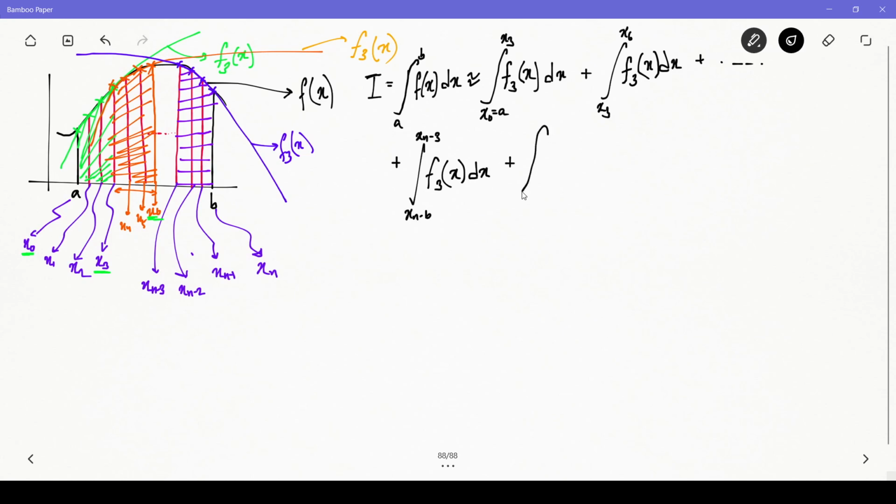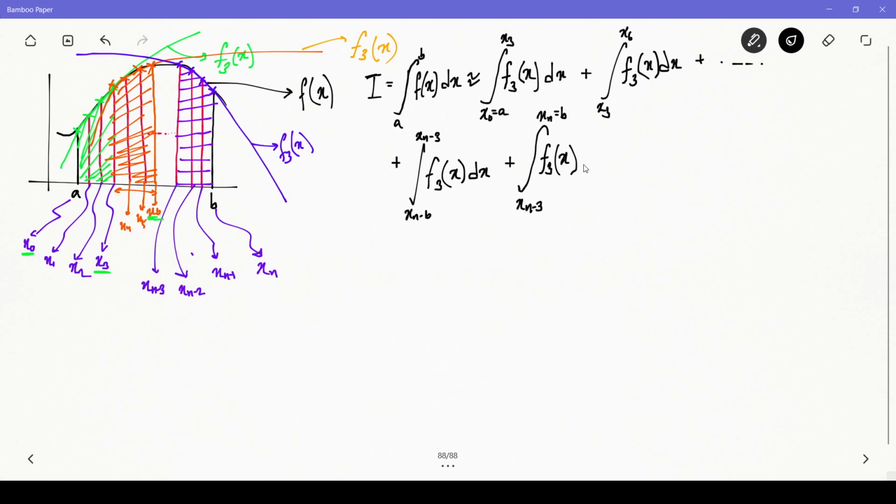And for the last term of this whole summation expression, we have x sub n minus 3 up to x sub n, which is essentially the same thing as b. We'll try to integrate another third order polynomial. Sorry, I have not drawn it over here. For this term, it will be the shaded purple region.